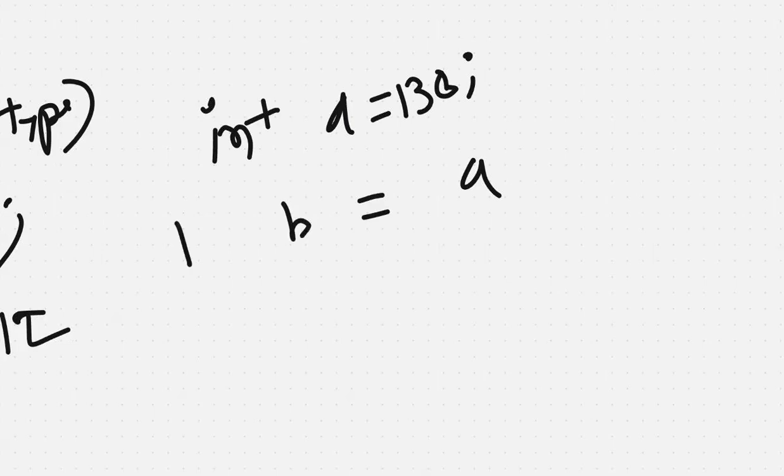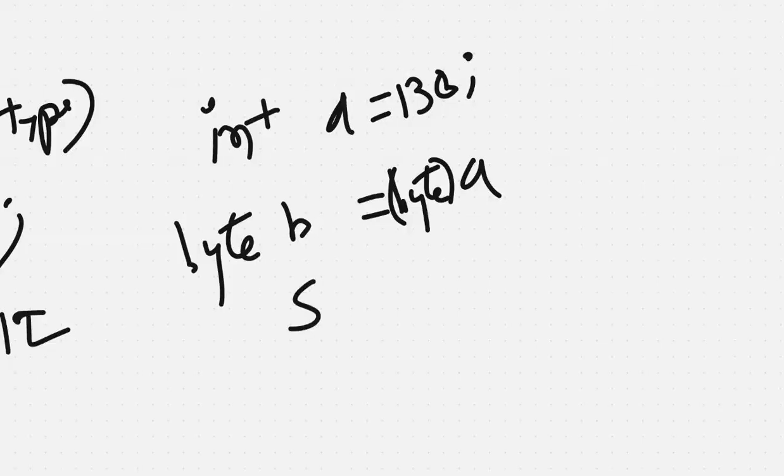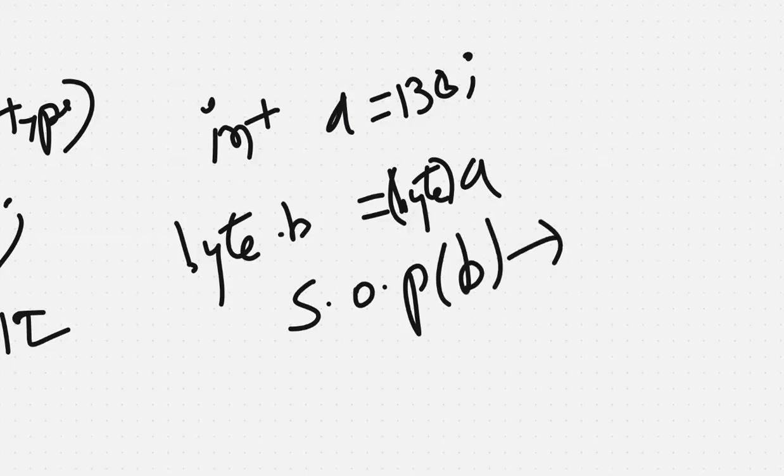Here we need to convert explicitly, and we can lose the data. System.out.println, you can call b. The result will be minus 126 instead of 130. So that is the problem of explicit conversions.